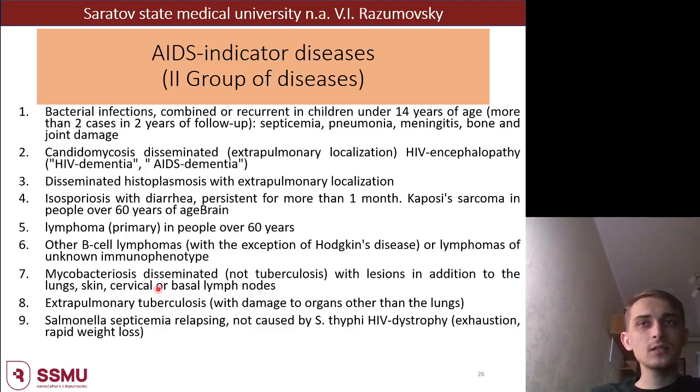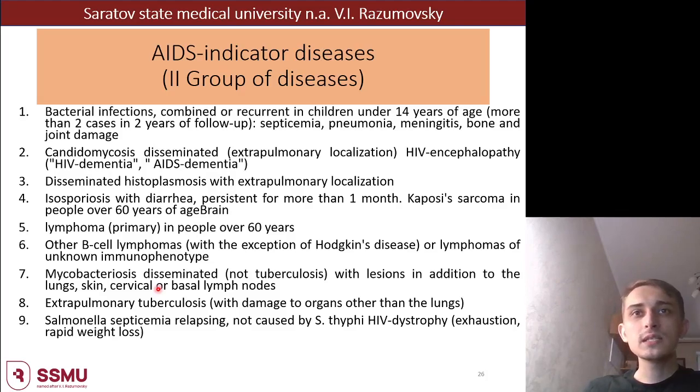So we can see development of problems with the central nervous system and development of dementia, disseminated histoplasmosis with extrapulmonary localization, esophagitis, diarrhea persistent for more than 1 month, sarcoma of Kaposi in people over 60 years old, brain lymphoma in people over 60 years old, other B cell lymphomas or lymphomas with unknown immunophenotype, mycobacterial disseminated injury with lesion in addition to the lungs, skin, cervical or basal lymph nodes, extrapulmonary tuberculosis with damage of organs other than lungs, Salmonella septicemia recurring, but Salmonella not typhi, and so on.